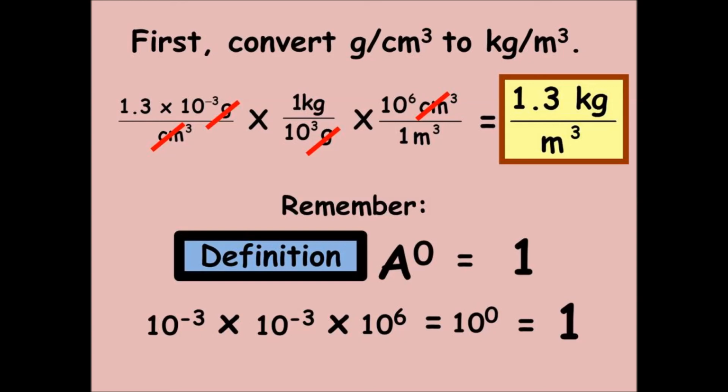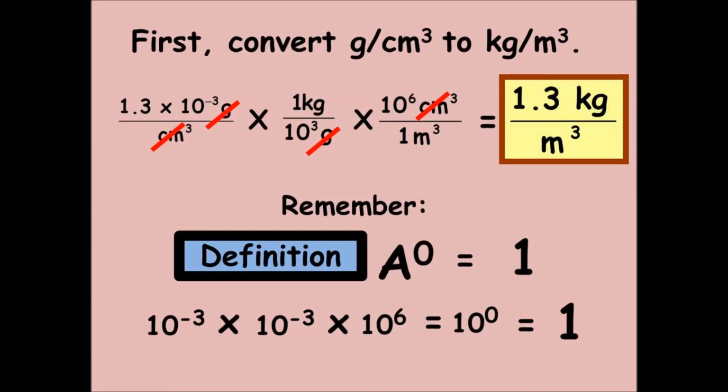And then 10 to the 6th would be 10 squared raised to the 3rd power, so 10 to the 2nd times 3 would be 10 to the 6th, and then centimeters raised to the 3rd power.